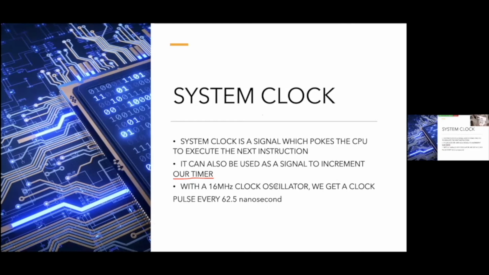With a clock of 16 megahertz, we get a clock pulse every 62.5 nanoseconds, meaning our CPU executes the next instruction, if it's a single cycle instruction, every 62.5 nanoseconds.